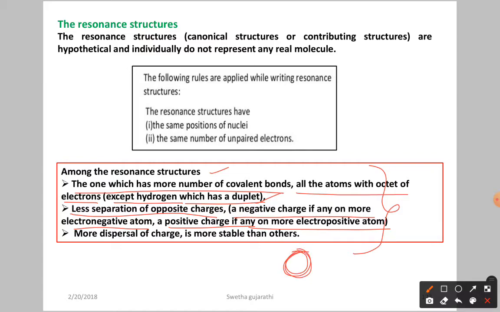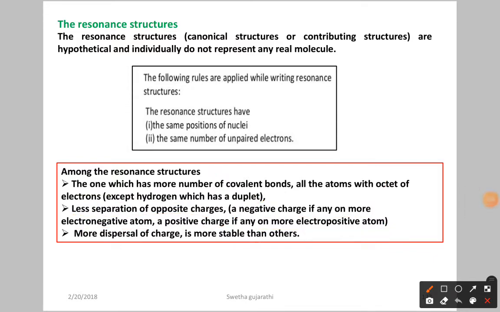So if a negative charge is present, it is more suitable on oxygen. Between carbon and oxygen, oxygen has the higher electronegativity, so it is more suitable. The negative charge should be present on the more electronegative atom and the positive charge on the more electropositive atom. That is the more stable resonance structure.